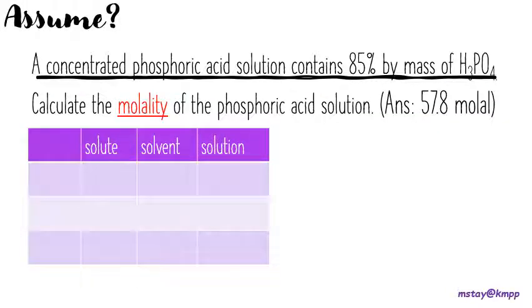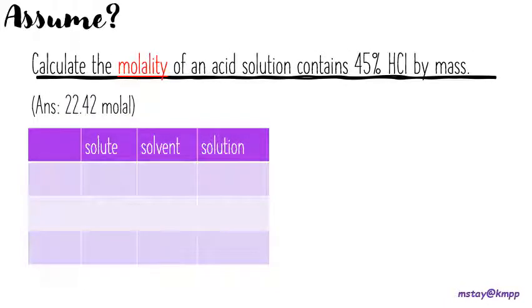After discussing these examples with you, now I think it's time for you to answer the following two questions. Reminder for you all: read the question and differentiate whether the information given refers to solute, solvent, or solution.